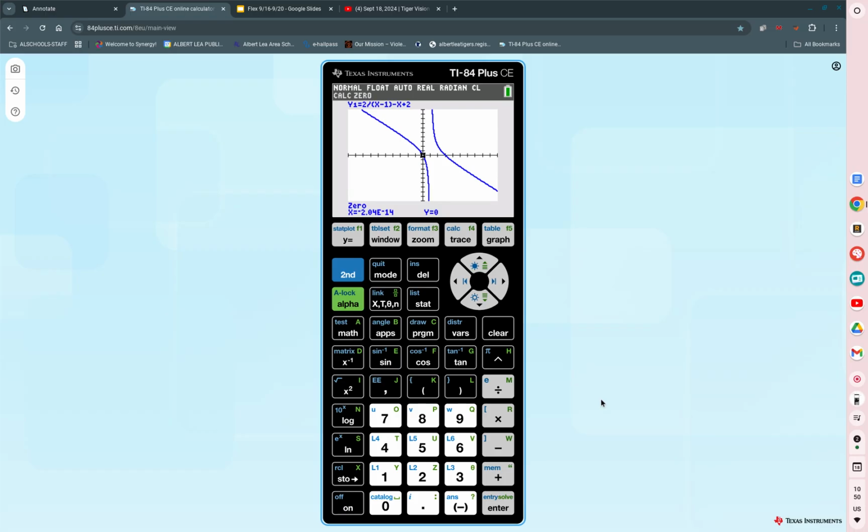And it gives me this crazy number, negative 2.04 e to the negative 14. Some of you guys might end up with a different number. That's okay. I'm going to just explain to you what it means. Your calculator is not as smart as you are. We need to understand your calculator and its faults as well. If your calculator gives you a number like that, that's scientific notation.